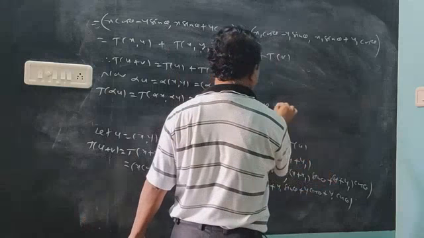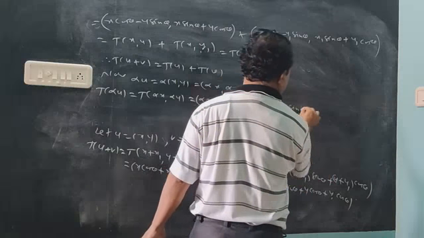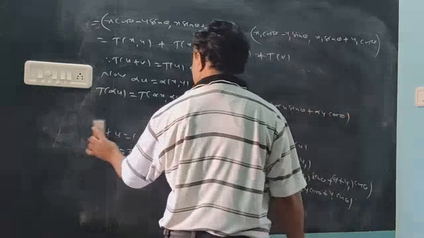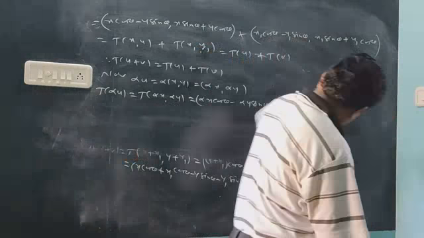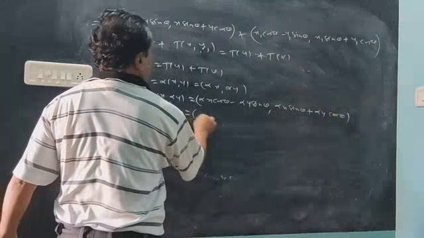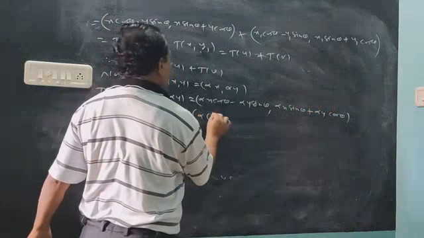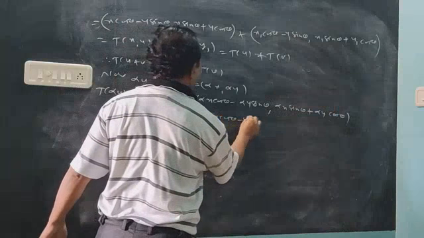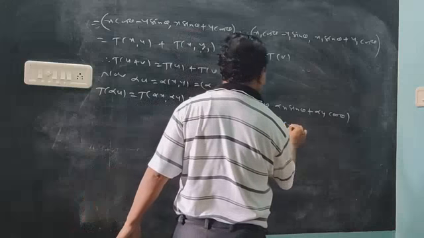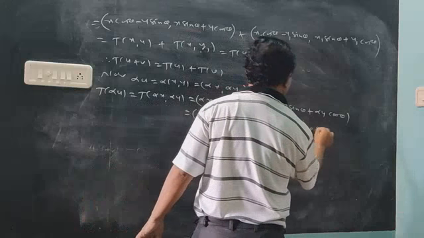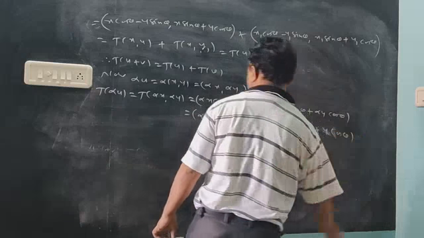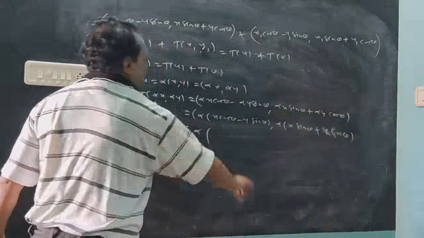Second, x means alpha x sin theta, y means alpha y cos theta. So alpha is common in the first position, x cos theta minus y sin theta, and also alpha is common in the second position. So alpha will be totally common.